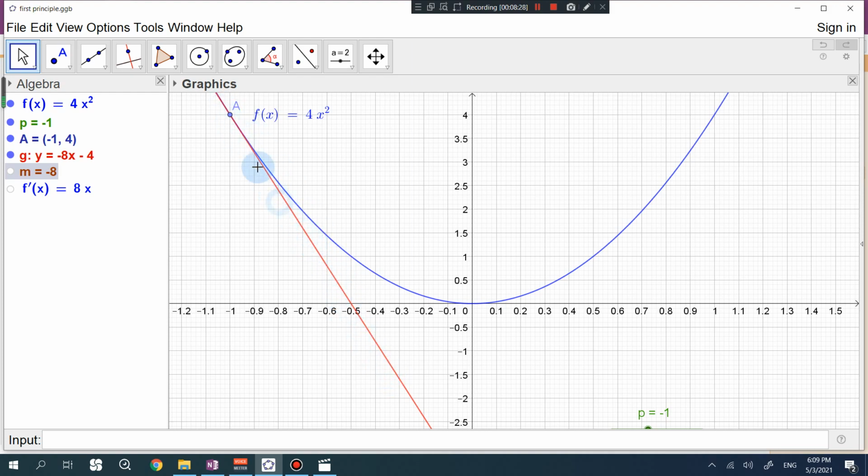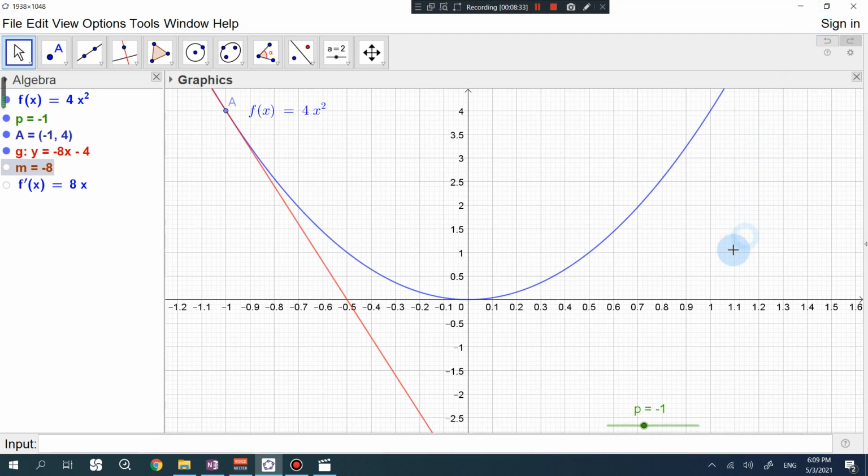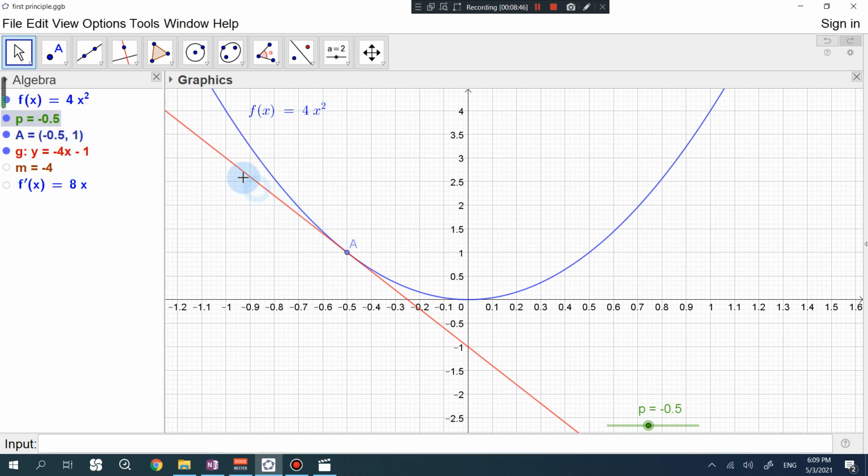This is a tangent at point A. Look at the coordinates here. When the point A is (negative 0.5, 1), how do we get the gradient of this tangent? The gradient is negative 4.